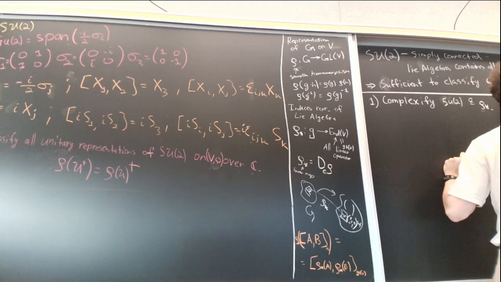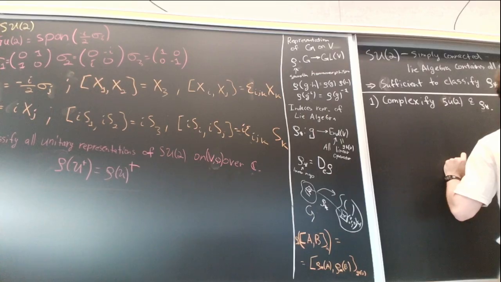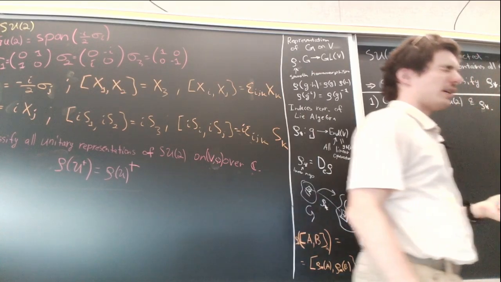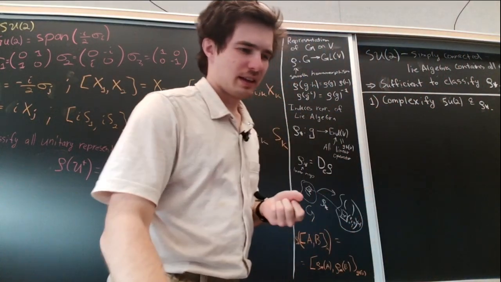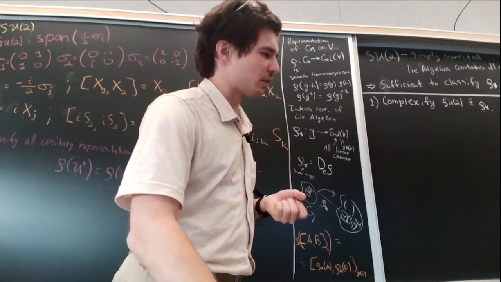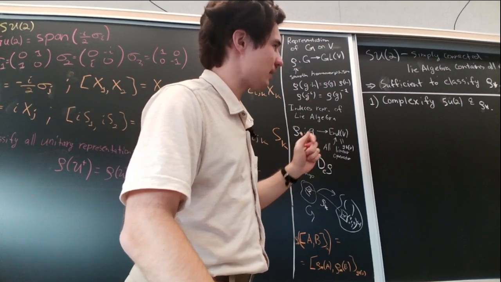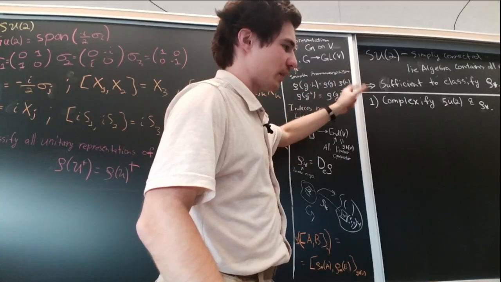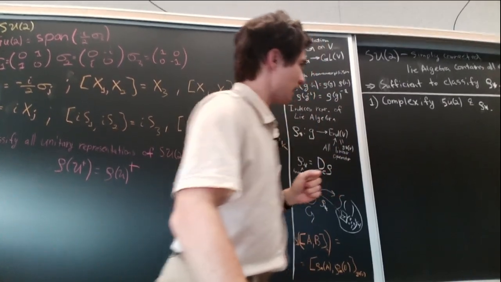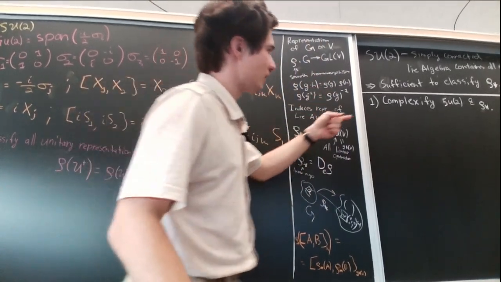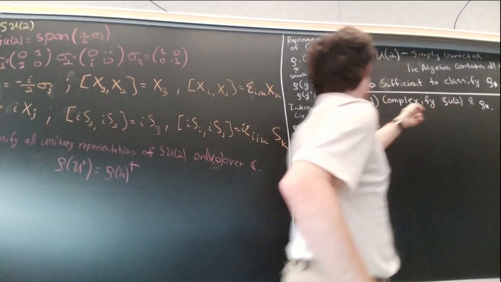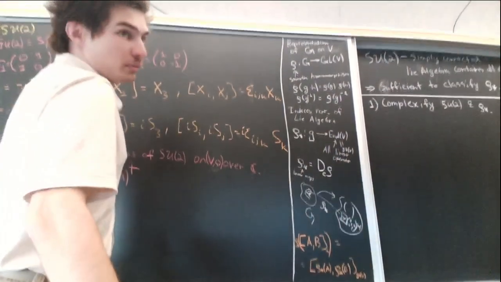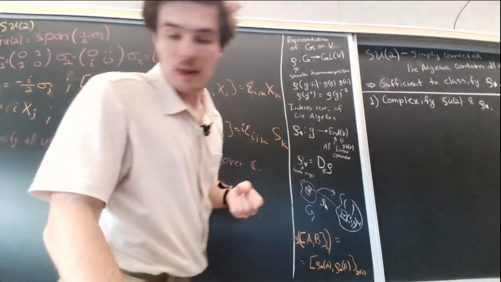It's called SL2C, and this is the Lie algebra of what's called the special orthochronous group, something like this. It's related to Lorentz transformations, but I don't want to talk about this right now. Regardless, we complexify this, meaning I just allow multiplying things by complex numbers here now.